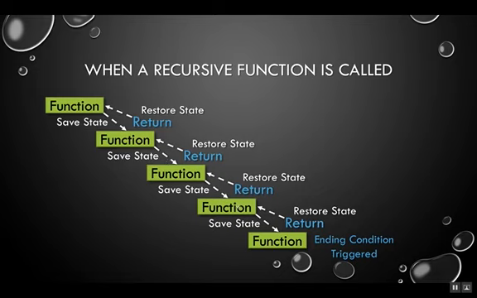and that continues on down the line until it gets to the point at which there is an ending condition triggered in the function. Once the ending condition is triggered, that particular iteration of the function returns a value or returns its state back to the previous function.